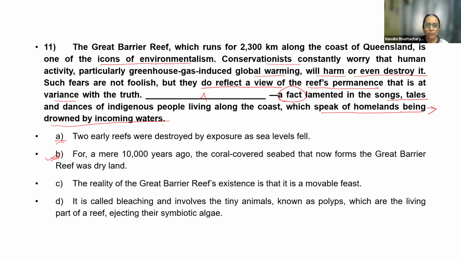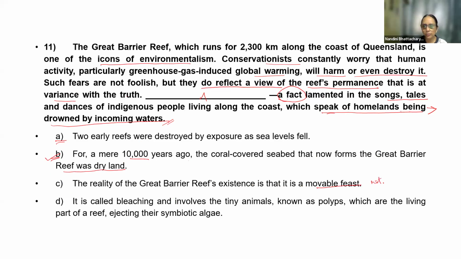For a mere 10,000 years ago, the coral-covered seabed that now forms the Great Barrier Reef was dry land. So 10,000 years ago, it was dry land and then it got covered by sea. So speaks of homelands being drowned by incoming waters, it connects to that. The reality of the Great Barrier Reef's existence is that it is a movable feast. Does it make sense?